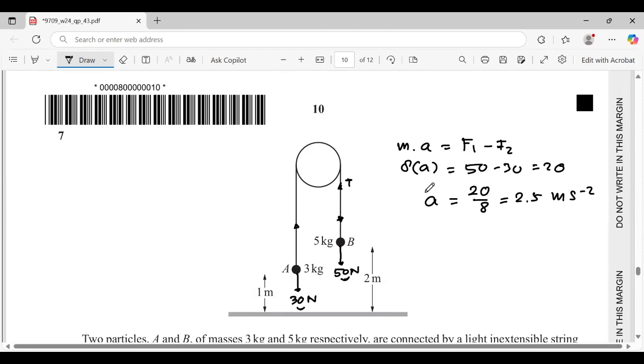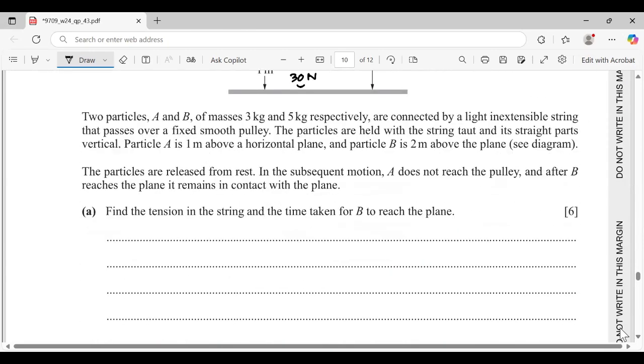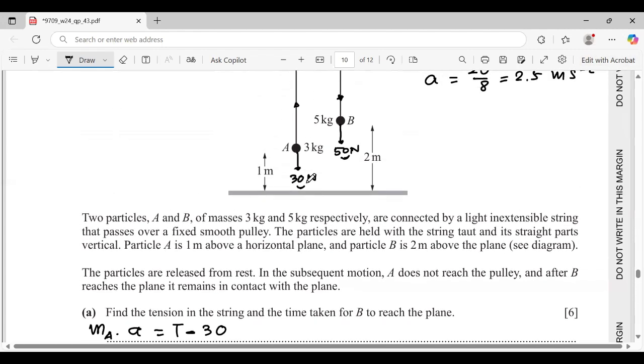And let's find the tension on particle B. We can find it through the mass of particle A times acceleration equals tension minus 30, because 30 is the weight of particle A, m times g.